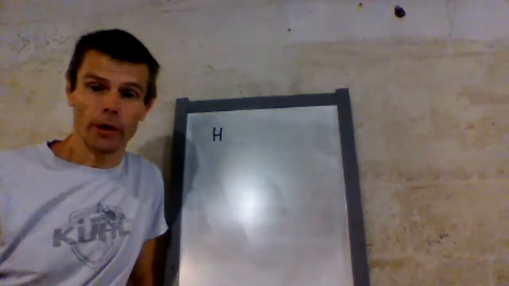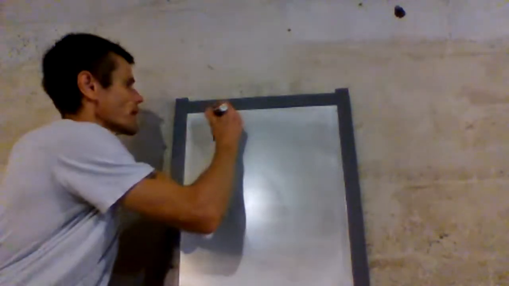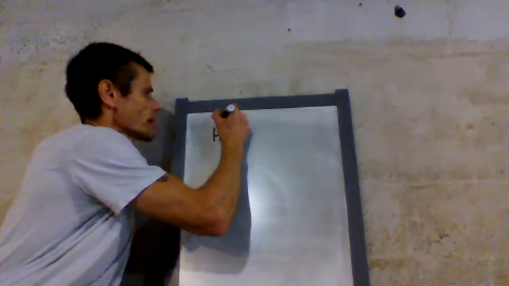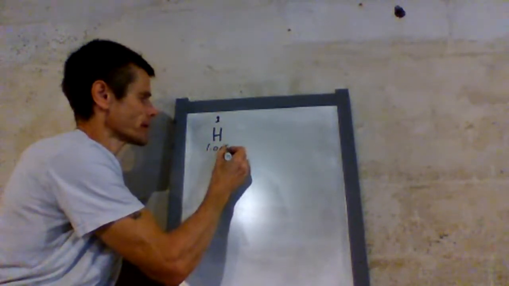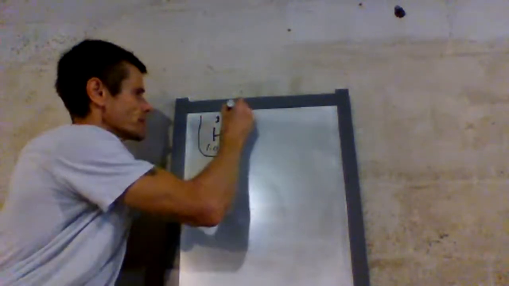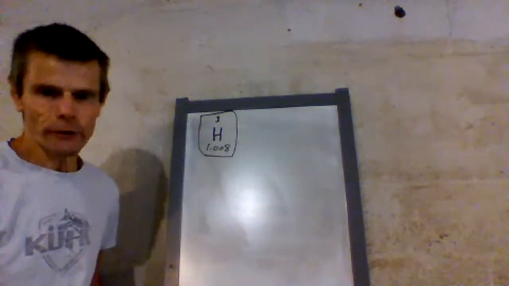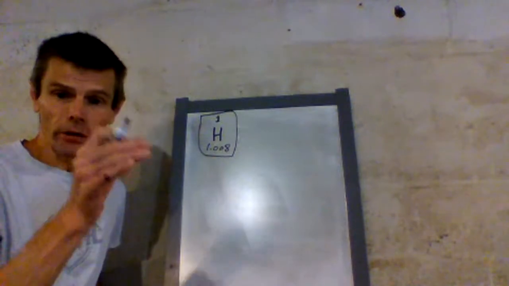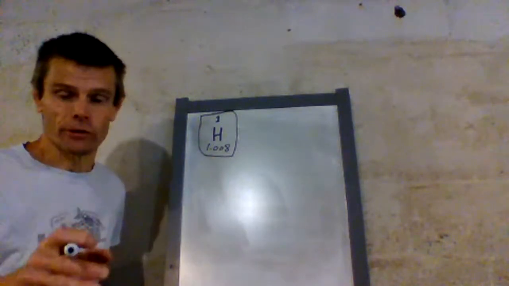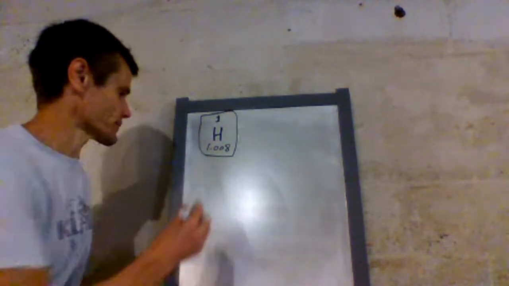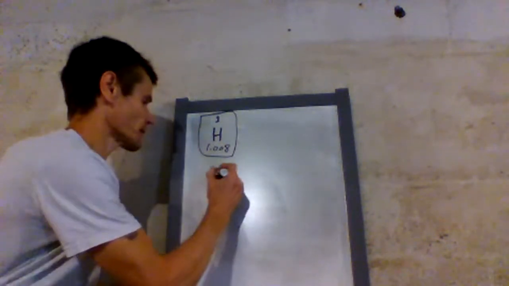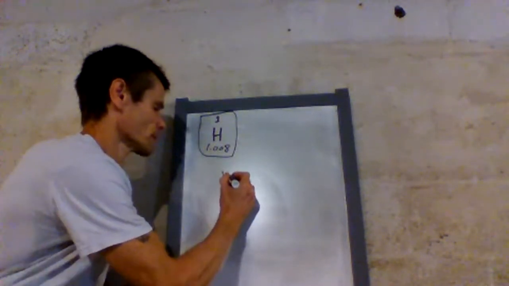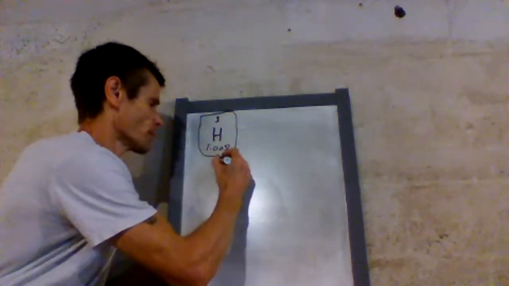If you go to the periodic table, you would see that hydrogen has a 1 associated with it, and there is a number here, 1.008, and that's what you see in the periodic table. Now, hydrogen exists in 3 abundant, naturally occurring isotopes. The most abundant naturally occurring isotope has a name, and it's called protium.